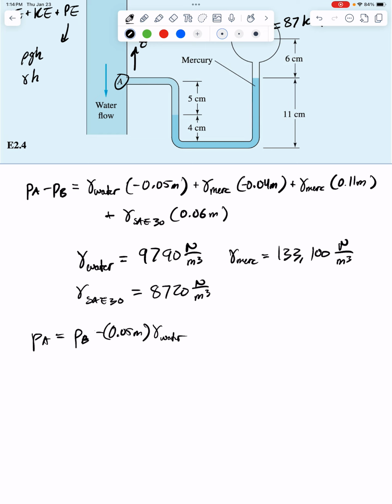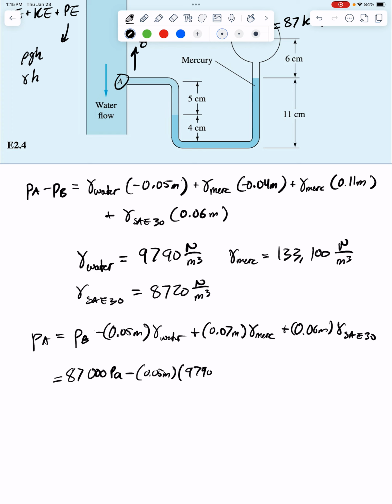I'm going to combine these two terms, so plus 0.07 meters times the specific weight of mercury plus 0.06 meters times the specific weight of SAE 30. Plugging in my known values: 87,000 pascals minus 0.05 meters times 9,790 newtons per cubic meter plus 0.07 meters times 133,100 newtons per cubic meter plus 0.06 meters times 8,720 newtons per cubic meter.